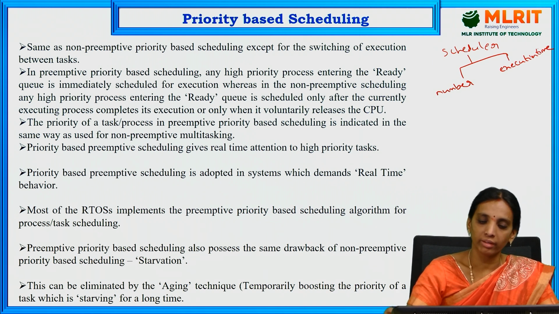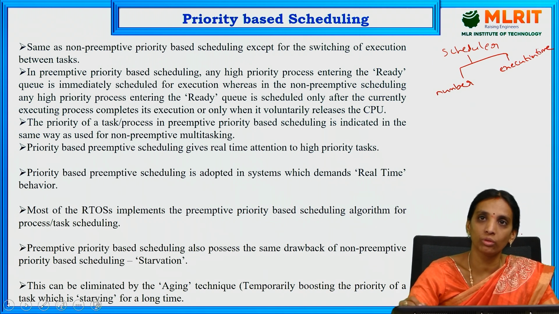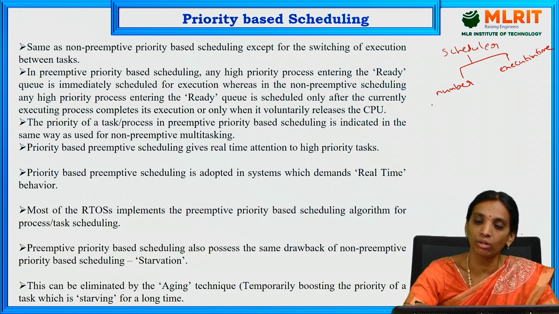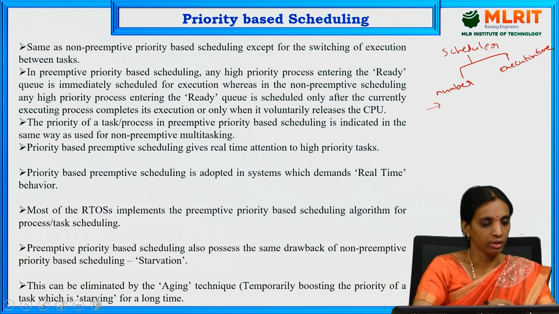Okay, so whenever the priority number is assigned by the scheduler, here also if any higher priority process, which has the shortest execution time, enters the ready queue, the current process is preempted and that new process will be executed.